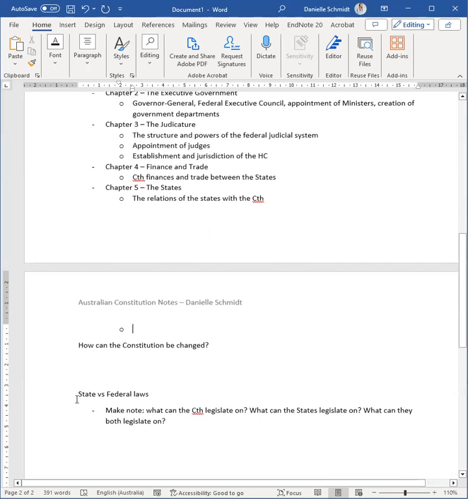And then we have, in cases of conflict, in areas where the Commonwealth and states have concurrent powers to make laws. So we know that some laws they can both legislate on.